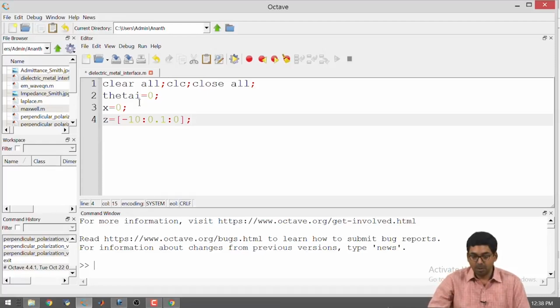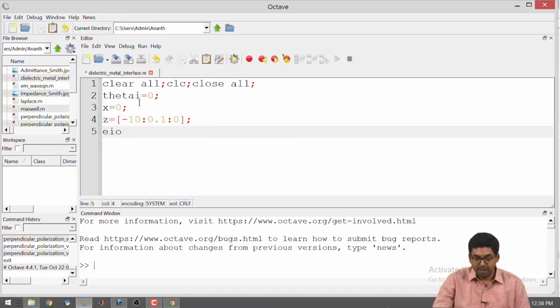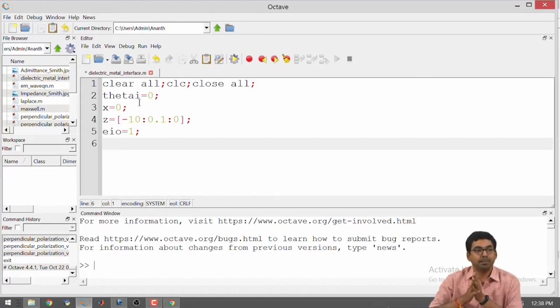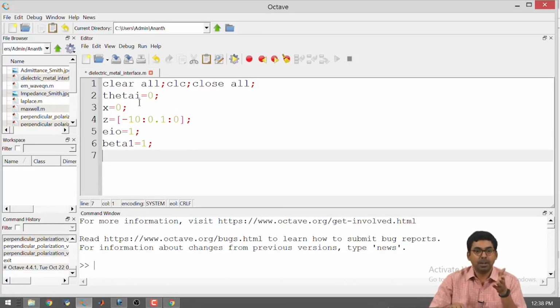Then I need to have a few more quantities. Incident electric field 1, because it is easy to give 1 volt per meter and see what happens, whether it becomes minus 1, minus 2, etc. So, 1 volt per meter. Then there are other terms like beta coming into the picture, beta 1 equal to 1. And for the magnetic field case, you also need to know the characteristic impedance eta 1, equal to 1.